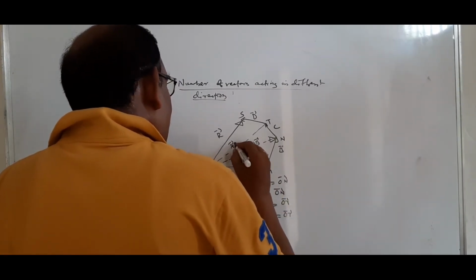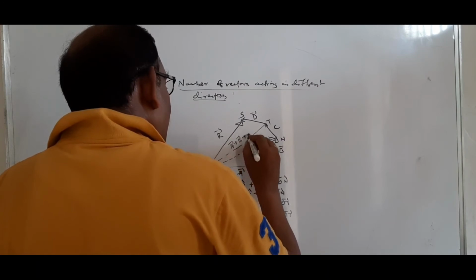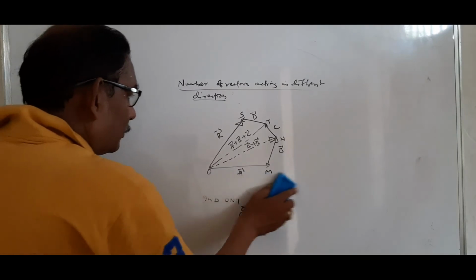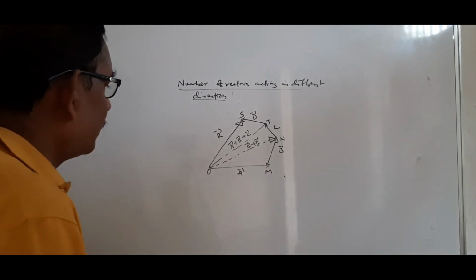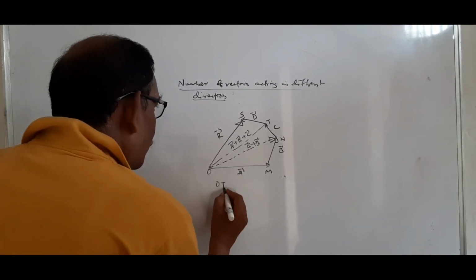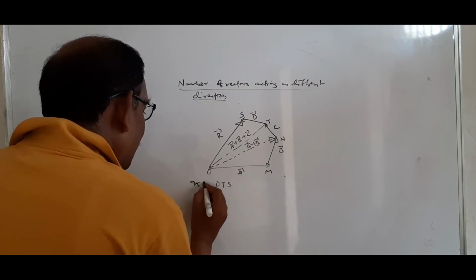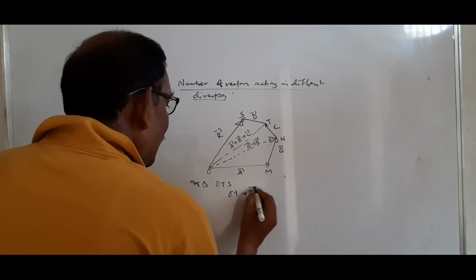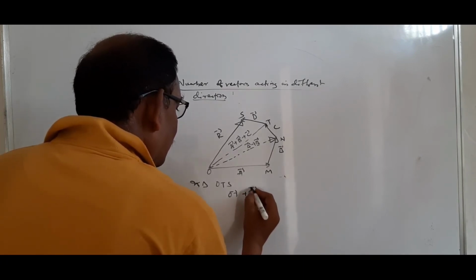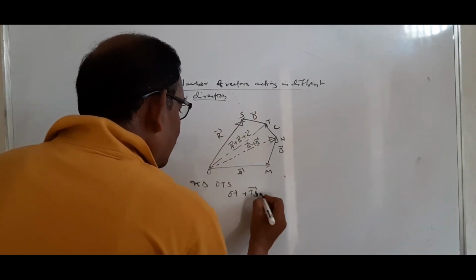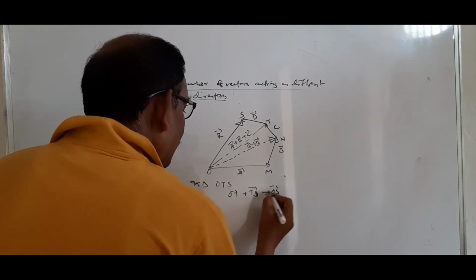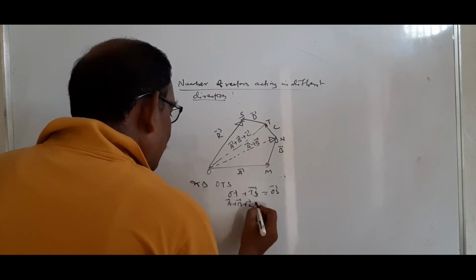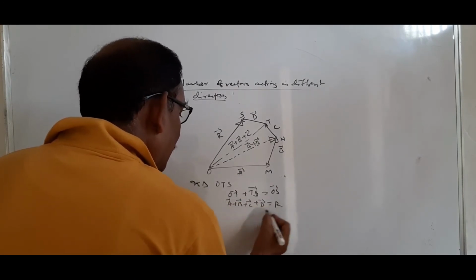It is your A plus B plus C. Now, by taking the triangle OTS, in triangle OTS, it is your OT plus TS, OS in opposite direction. So A plus B plus C plus D is equal to your resultant R.